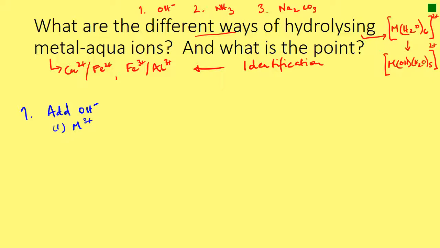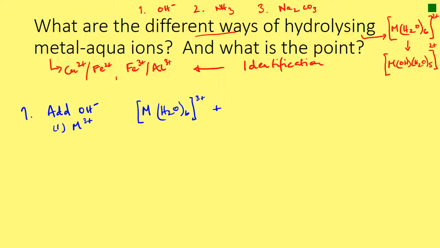So we're going to start off with that. Just when we dissolve a metal 3+ ion in water, we get a little bit of hydrolysis, and we're going to start off by writing that reaction down again. So we've got our metal ion, we've got our 6 water ligands, and it's a 3+ ion, so our complex still has 3 pluses to it.